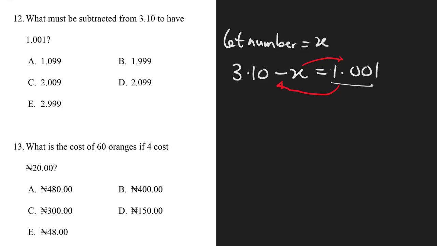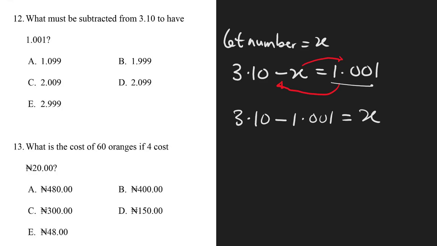Because it has an invisible plus. Any number that you see without any sign is trying to tell you that it has an invisible positive sign, which is plus. So it's going to be 3.10 minus 1.001 is equals to this x, which had minus, will now change to plus. So we'll have x.